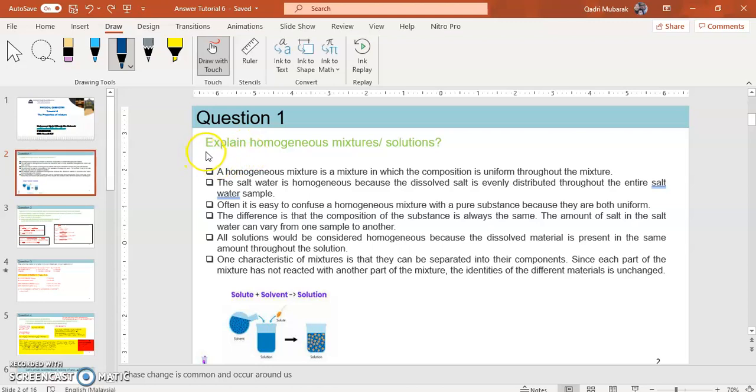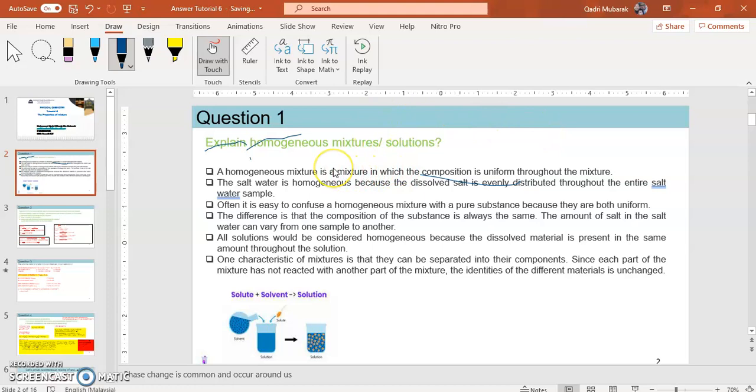When we talk about explain, you need to give details in your explanation. So the homogeneous mixture is a mixture in which the composition is uniform throughout the mixture. Here the keyword is that the composition is uniform.